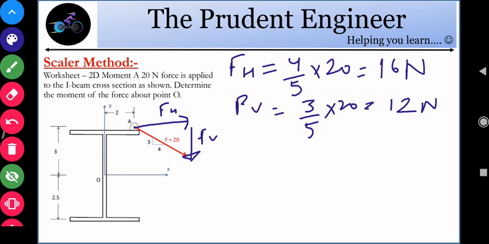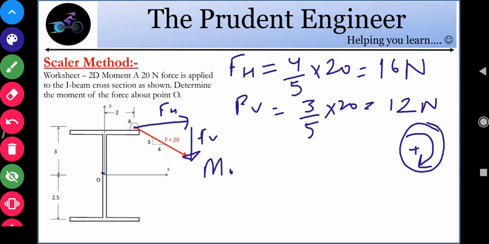Now we have to take the moment because of F horizontal and because of F vertical. We have to assume a direction, so suppose the clockwise moment is positive. Both FH and FV produce a clockwise moment with respect to O, so both moment values will be positive.